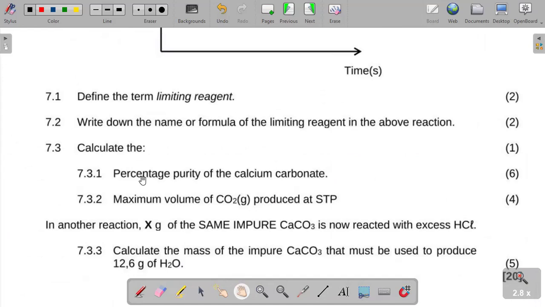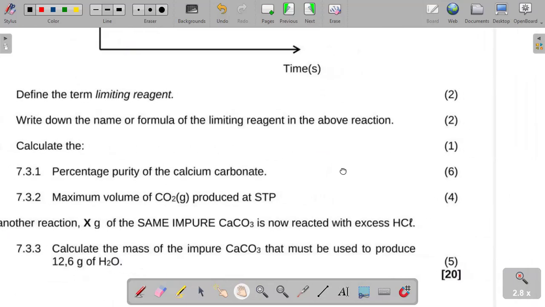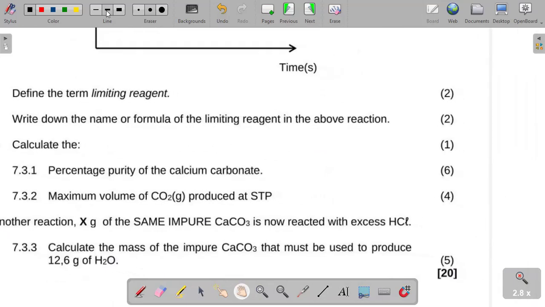When they say find the percentage purity, find the percentage purity of what? Of calcium carbonate. The formula for percentage purity is mass of the compound divided by mass of the sample.